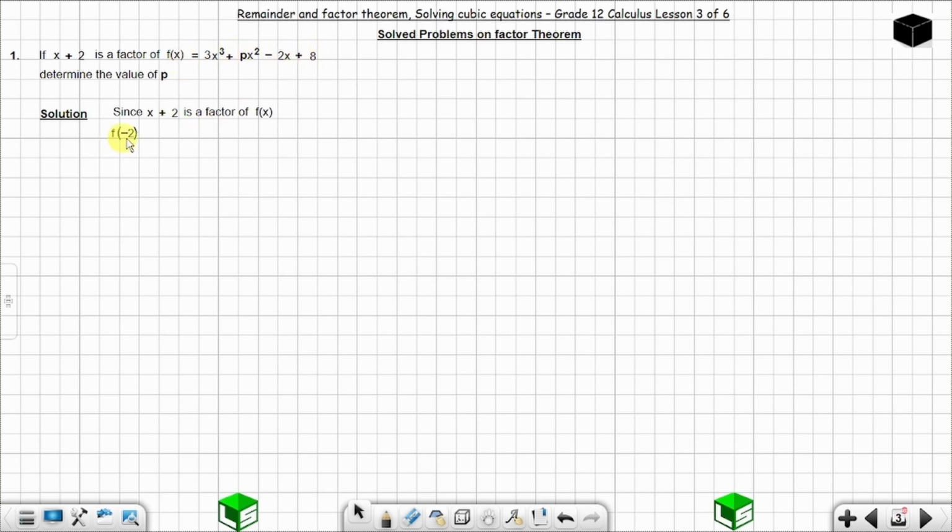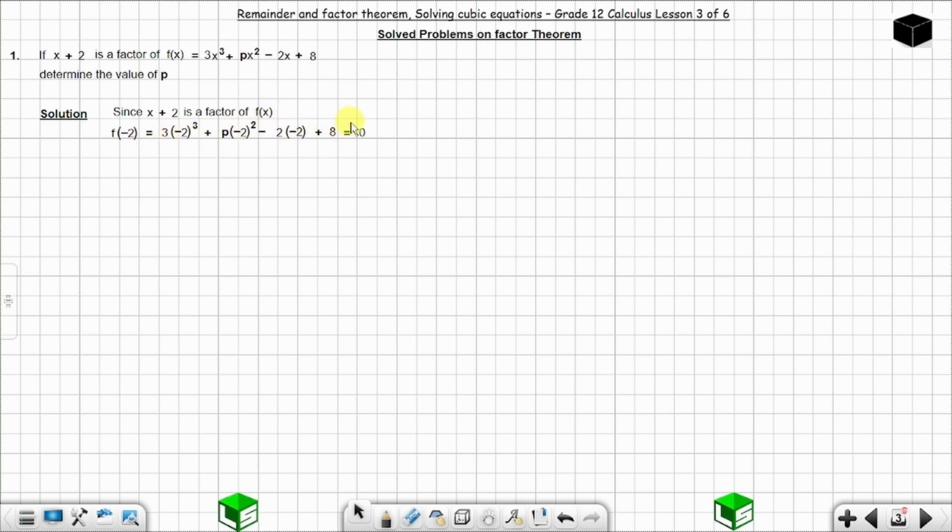So f of negative 2 is equal to 3 times x cubed, x is negative 2, plus p times x squared, x is negative 2, minus 2x, x is negative 2, plus 8. This must be equal to 0, since x plus 2 is a factor of f of x.